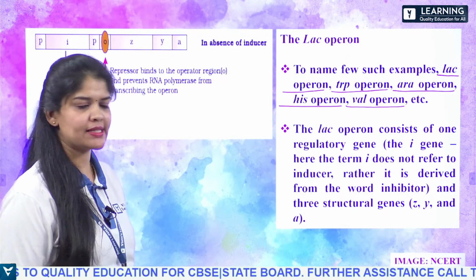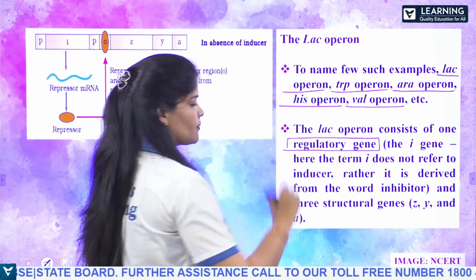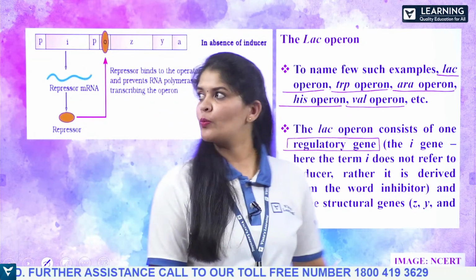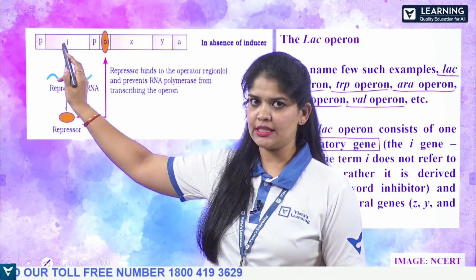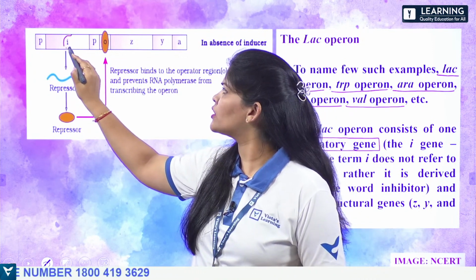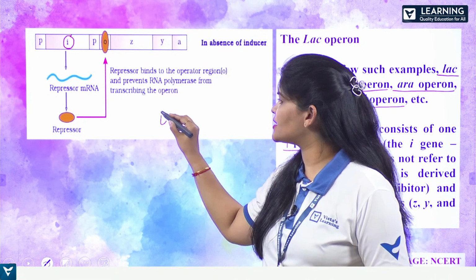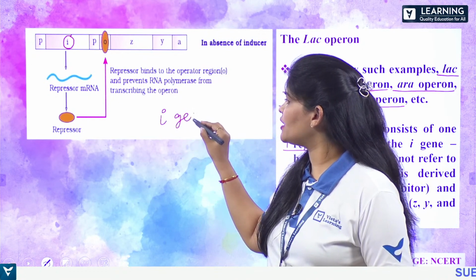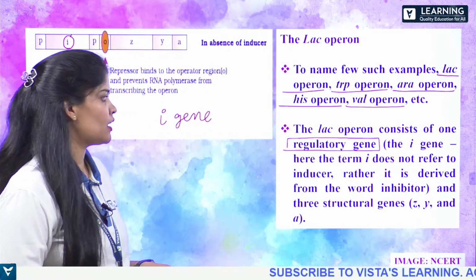The lac operon consists of a regulatory gene. If you look at the lac operon, this is the promoter for the regulatory gene, and that regulatory gene is the I gene. Where do you get the letter I?